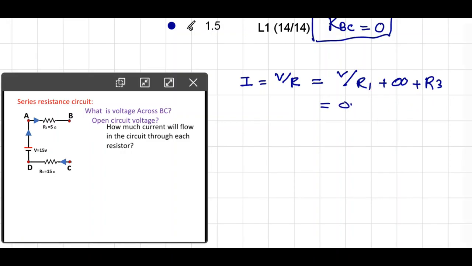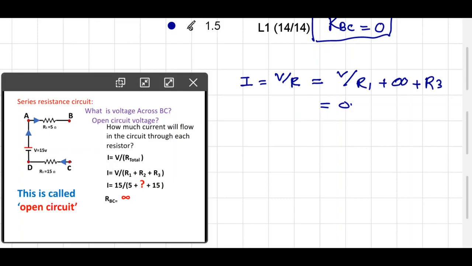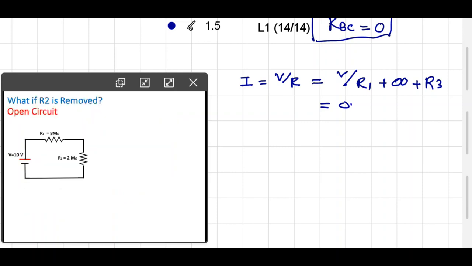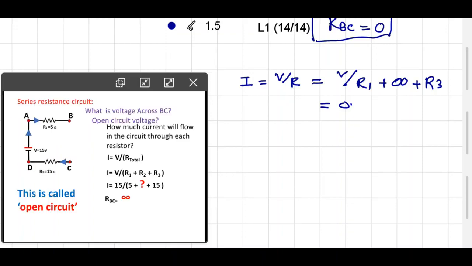But then what is the voltage? We got the total current. As RBC is infinite, this is an open circuit, and what will be the voltage across this open circuit?